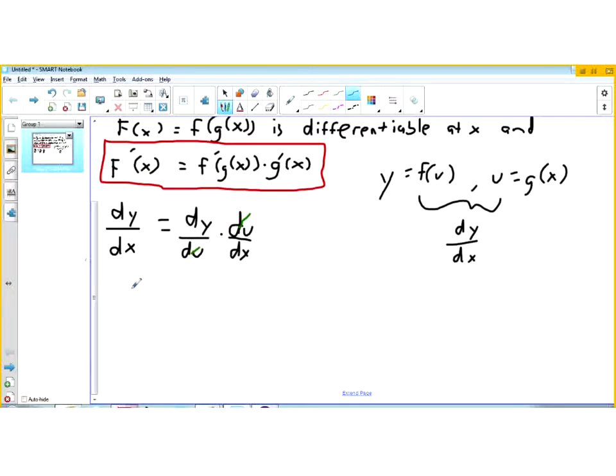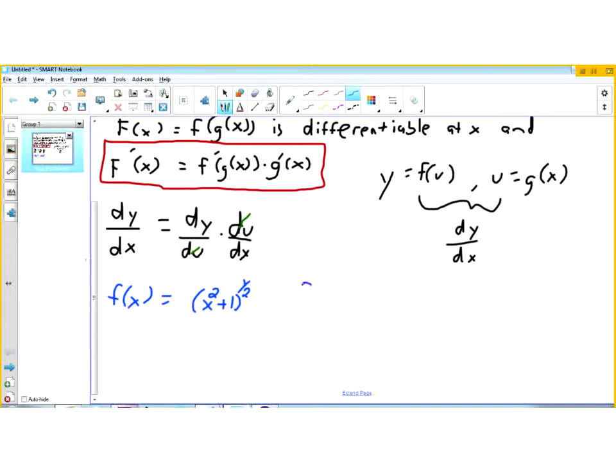So for instance, why is this important? Well, suppose I ask you to calculate the derivative with respect to x of this function. Okay? And clearly, if you did your Chapter 1 homework, you can recognize at the outset that this is a function g of x, which is equal to x squared plus 1.